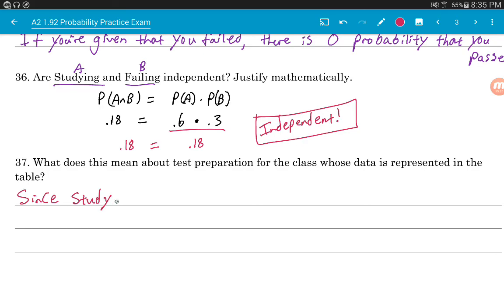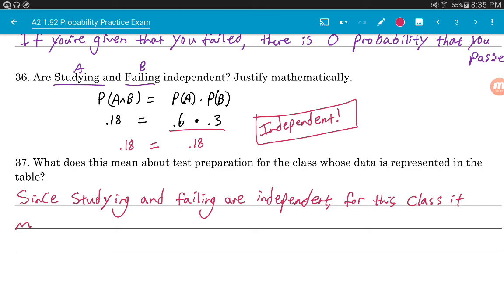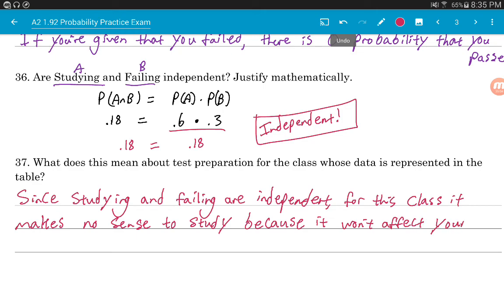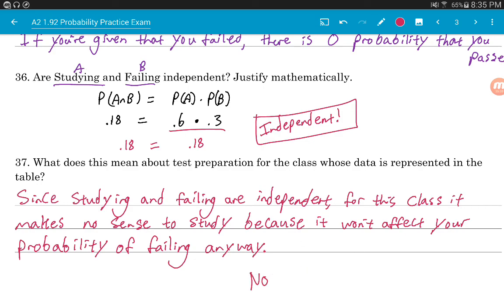Since studying and failing are independent, for this class it makes no sense to study, because it won't affect your probability of failing anyway. By the way, this is not true of Algebra 2.